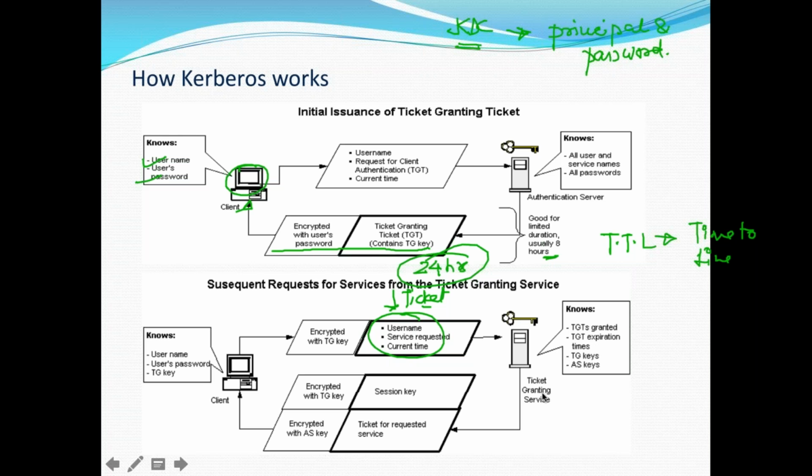Once that ticket is valid, it will get back the session key, encrypted with the TG key, and the ticket for the requested service. He gets a ticket to access a particular service, and the service could be your YARN service for submitting the MapReduce job, or the HDFS service for getting the blocks, or whatever. So he gets a ticket to access the service.